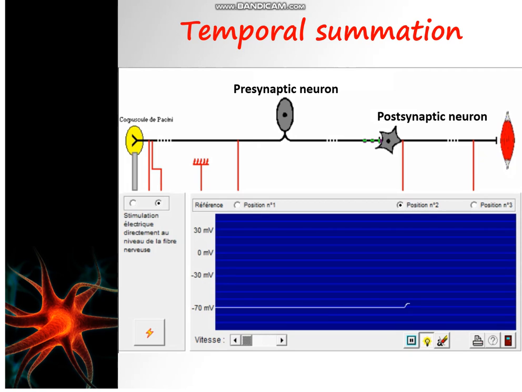Look at the summation. There is summation of 3 EPSP, and the resultant is an EPSP of higher amplitude.